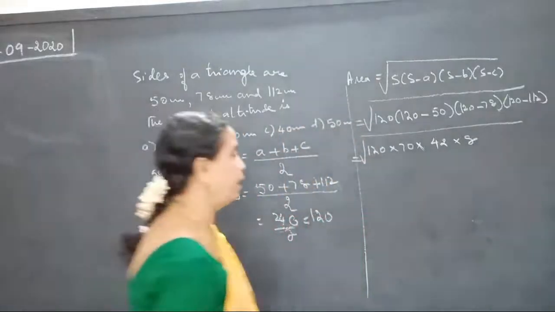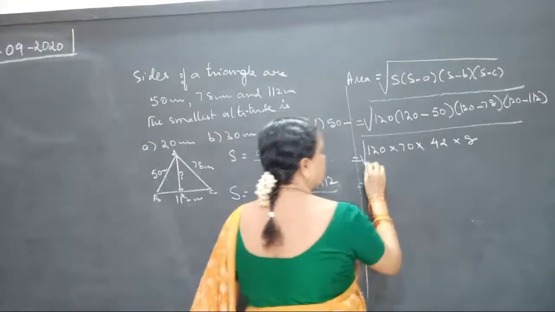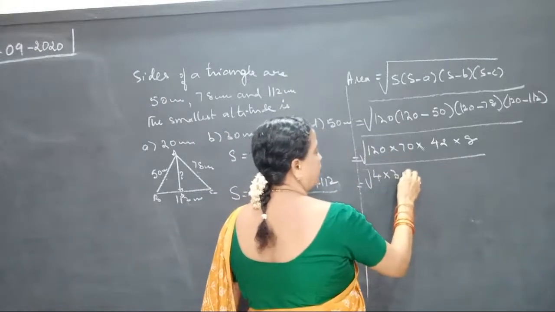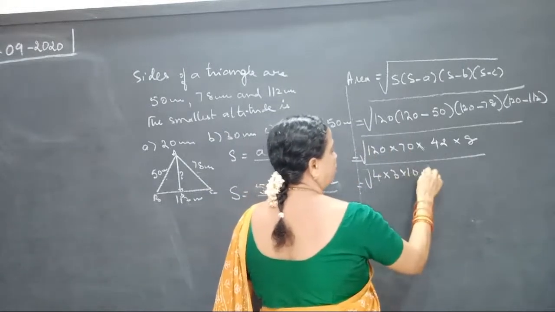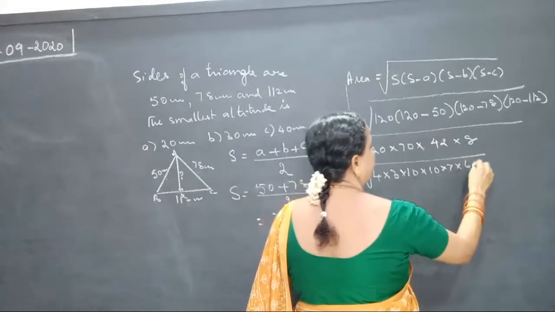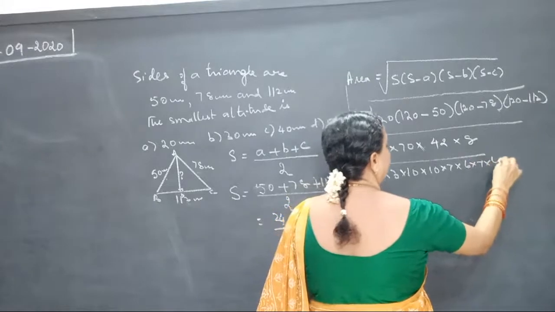Now we can write 120 as 4 into 3 into 10, 42 as 6 into 7, and 8 as 4 into 2.